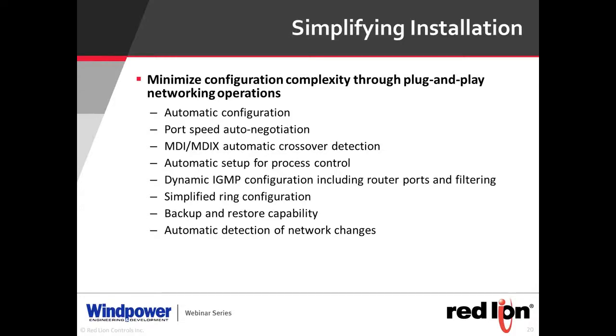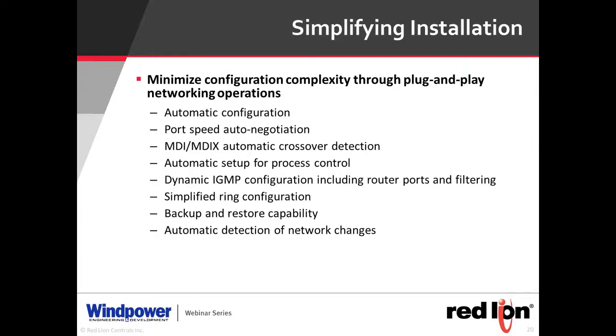Is there an automatic setup for communication with your process control device? In other words, for example, automatic IGMP configuration. Can it detect groups? Can it set up router ports and filtering by itself? These are things you want your maintenance people worrying about your turbine, not the configuration and health of the network.